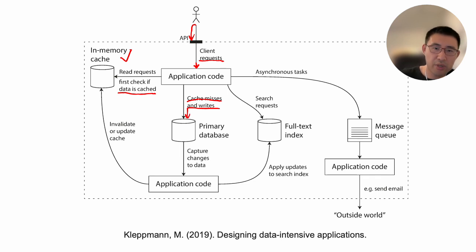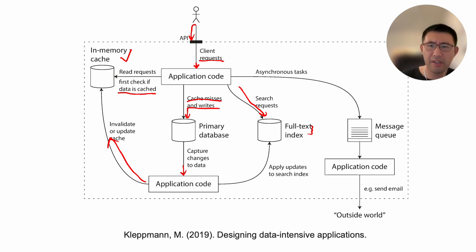The database, of course, will reply to the application code with the data we want, and it'll update or invalidate the cache, because next time the cache can be used. Or maybe we need to apply updates to the search index because something has changed, and then the search request can use a full text index to find the information we need in a very fast and systematic manner.